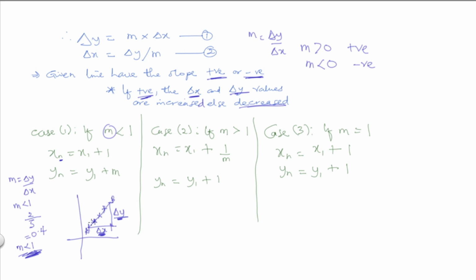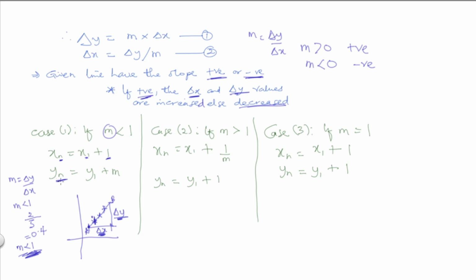So when the slope is less than 1, then it means in the calculation of the intermediate points, xn, which is the new coordinate for x, will be equal to x1. So to calculate this new point, you will need x1 for this one, and we'll add 1 to it. That will give us the new x coordinate for this one.